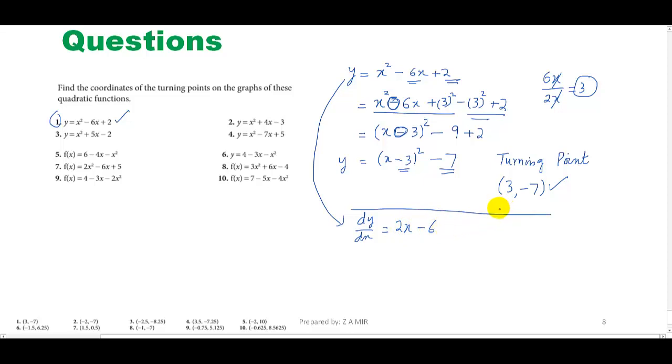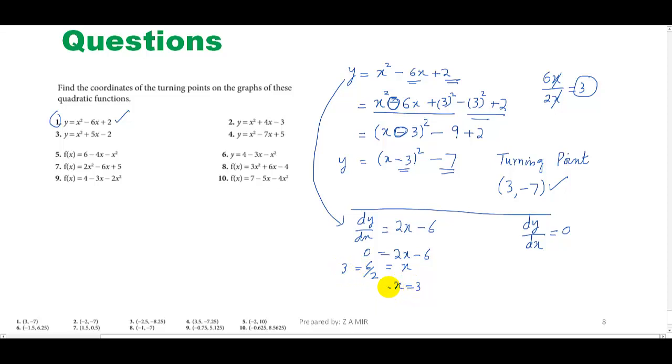We know that at the turning point the derivative is 0, because the derivative is basically the gradient. At the turning point the gradient of the tangent line is 0. So put 0 here, 2x minus 6, and x is 6 over 2, that is 3.